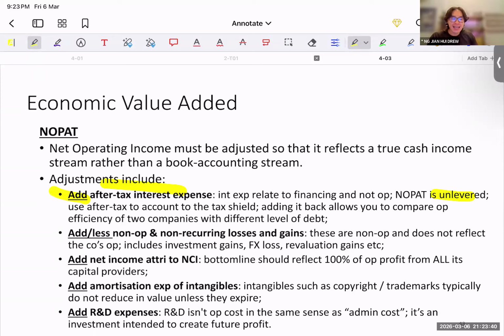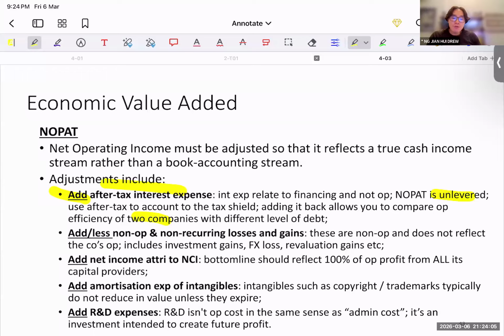And why do we have it after tax? Because our interest expenses benefit from the tax shield, right? So when you unlever your NOPAT, it allows you to compare two companies that have different leverage, because you remove the effect of leverage on your operating profit or your net profit.